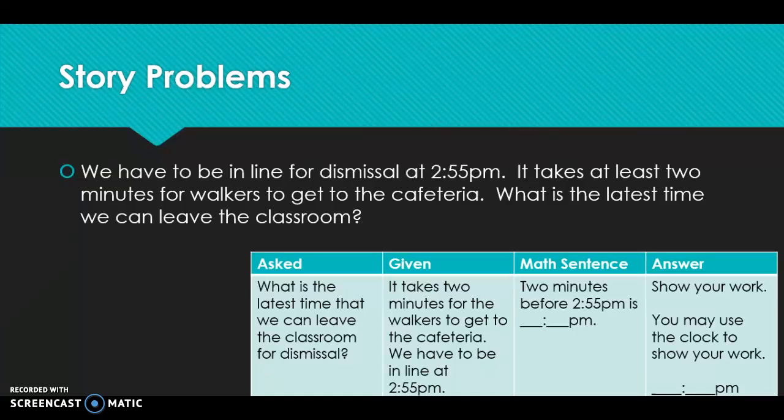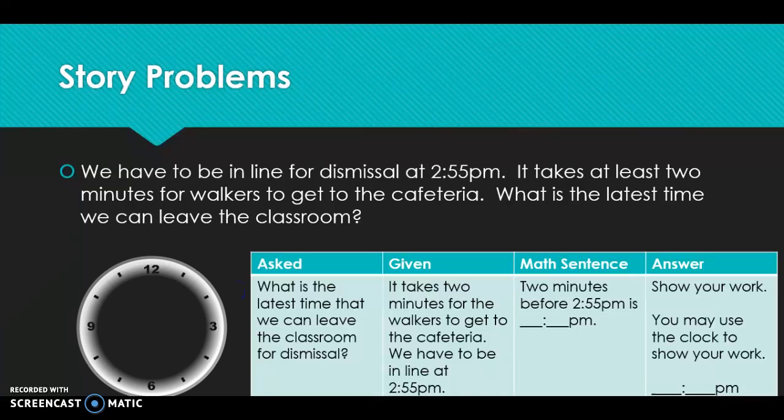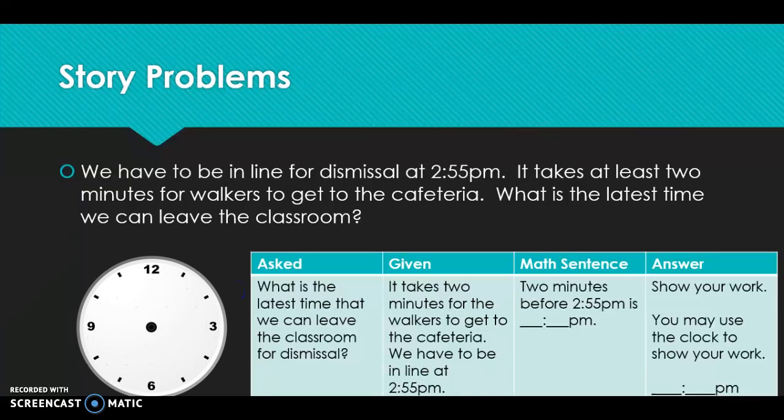So look at a clock or draw a clock, or let me see, I can pull one up here. There it is. You can look at a clock and decide where 2:55 would be. Remember that the hour hand is going to be closer to the 3, right around here, and our minute hand is going to be right over here where the 55 would be.